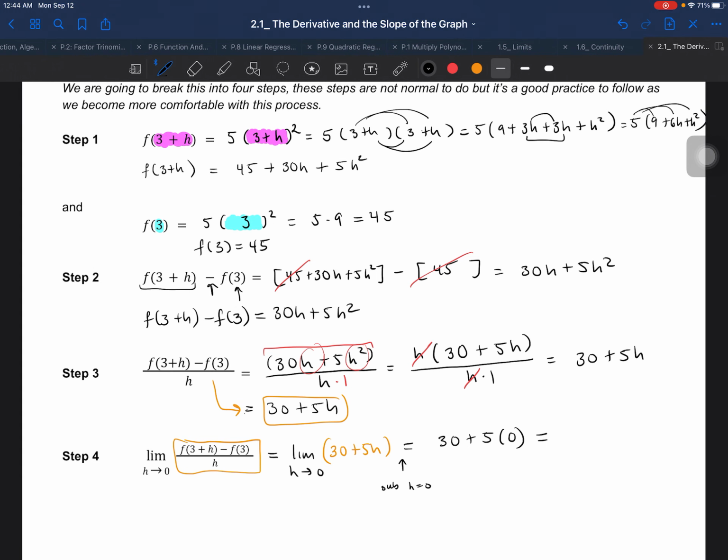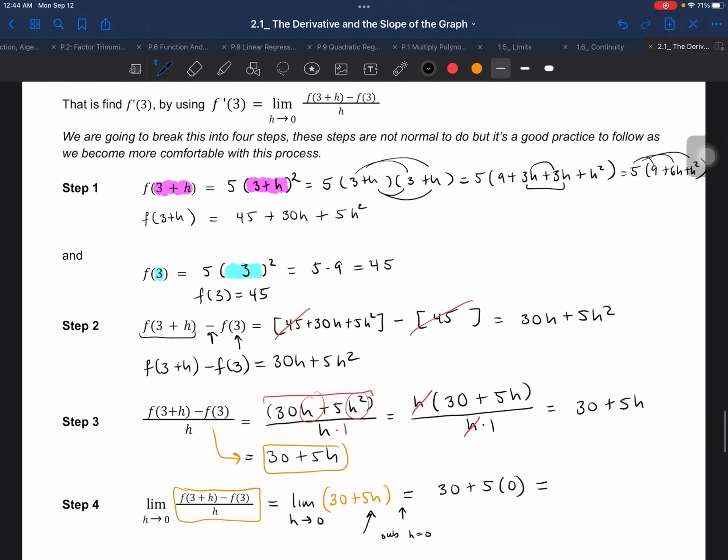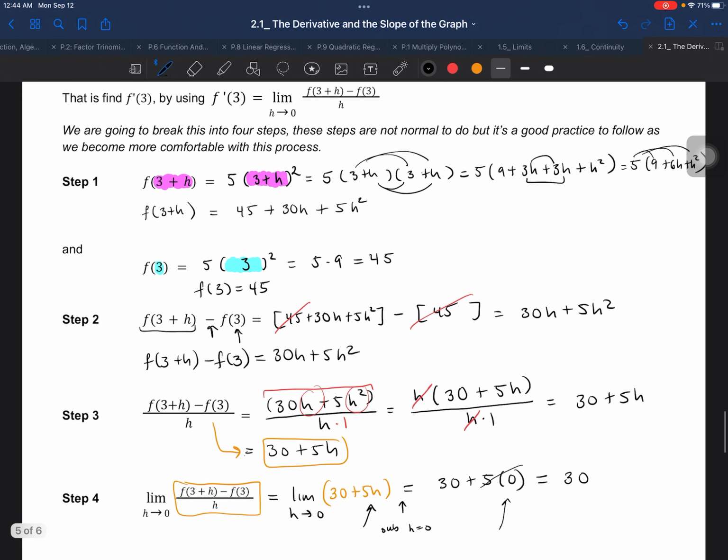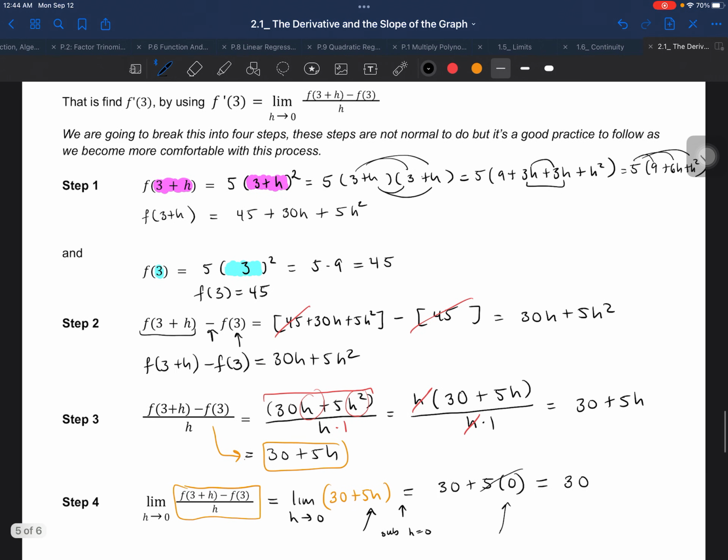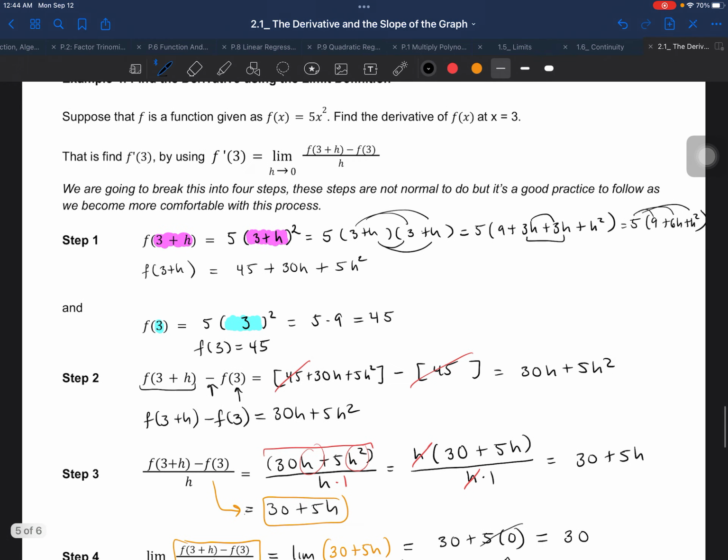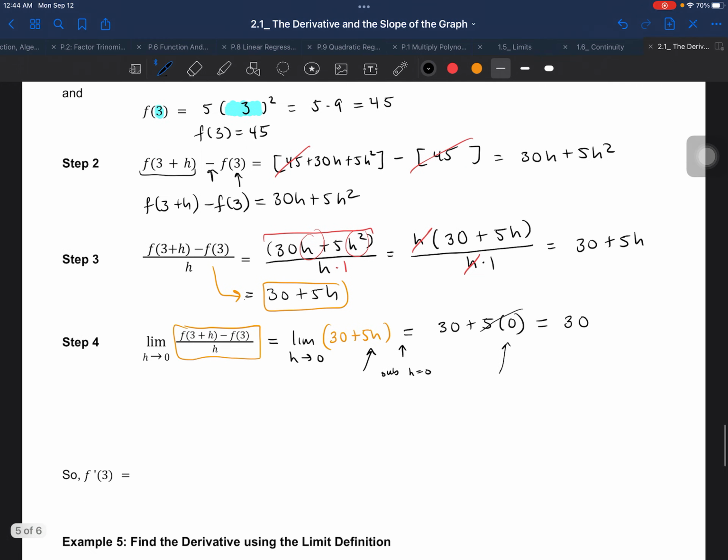That was the only h that we had, so that's why we multiply that one by 0. So we end up getting that this will cancel because 5 times 0 is 0, and so we end up getting just 30. And that's pretty much it. So we end up getting that f prime of 3 is going to be 30.